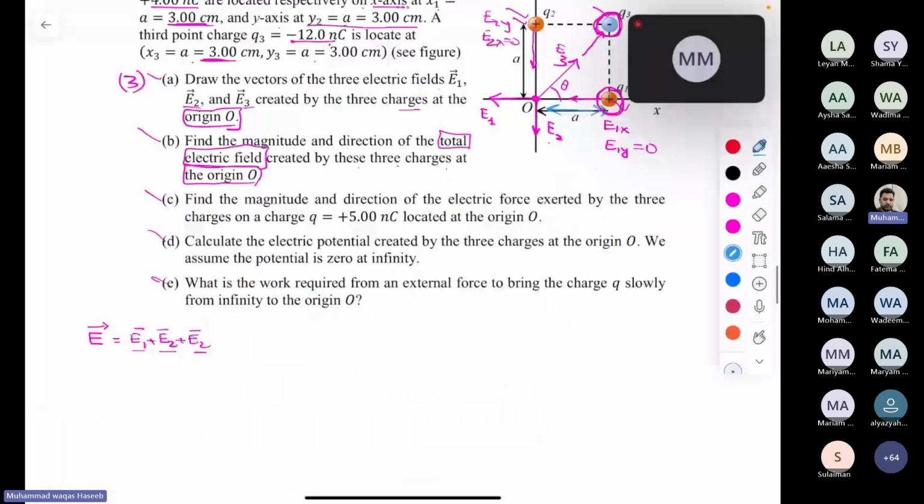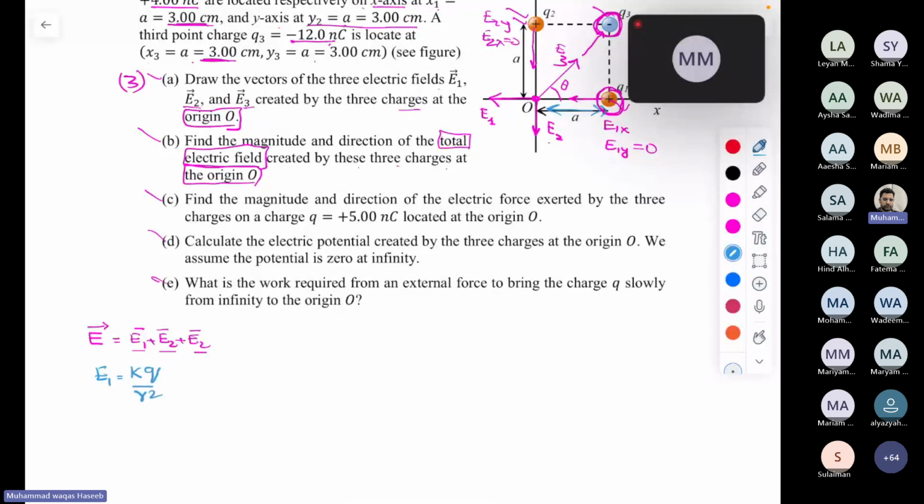The electric field for E1 is nothing but k q over r squared, and r is the distance between the origin and the charge.